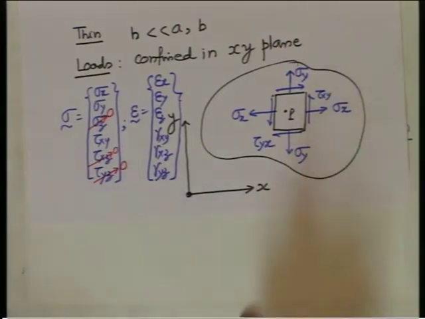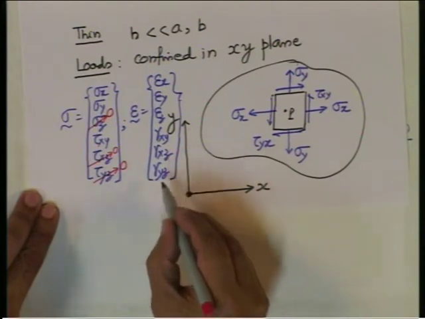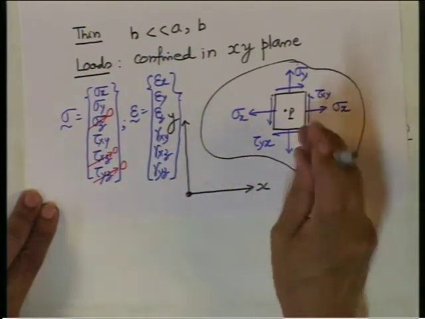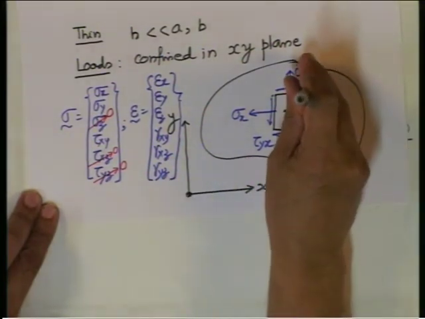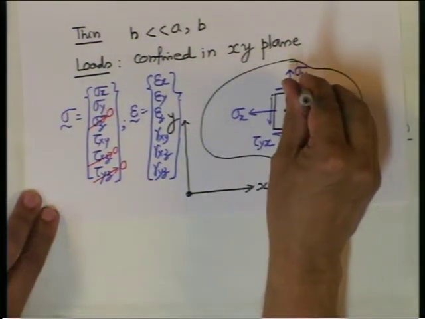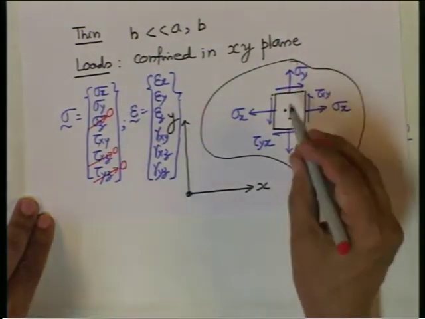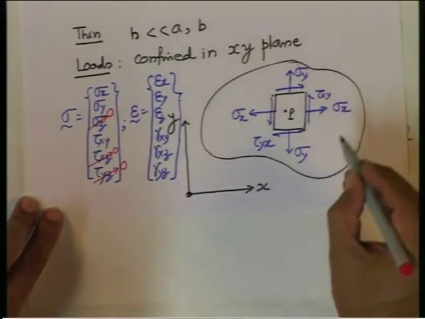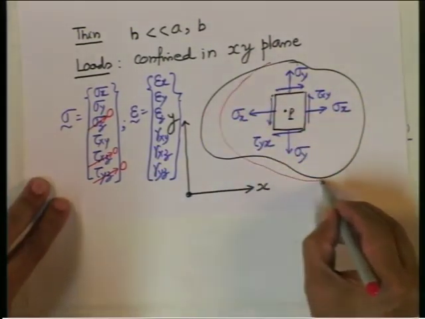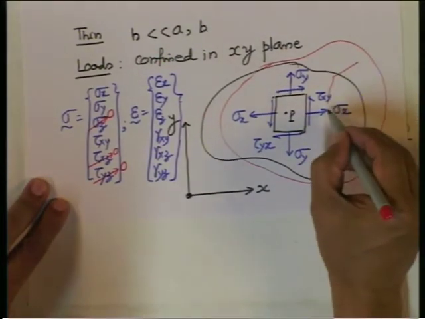Since there is no load perpendicular to the xy plane, that does not exist, and therefore the xz angle and yz angle at all points of deformation, because after deformation this body may take a new shape like this, and this element may look something like this.